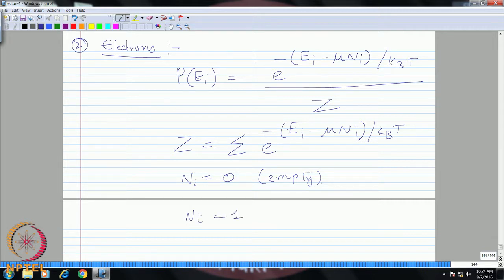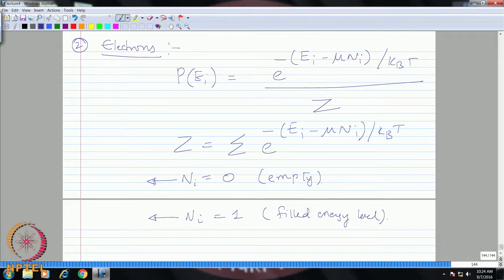Only one electron can occupy an energy level, so this will be a filled energy level. You cannot talk about multiple electrons occupying the same energy level. Each energy level is occupied by one single electron. Therefore, you have two possibilities: an empty energy level where you do not have any electrons, and an energy level which is filled by only one electron.